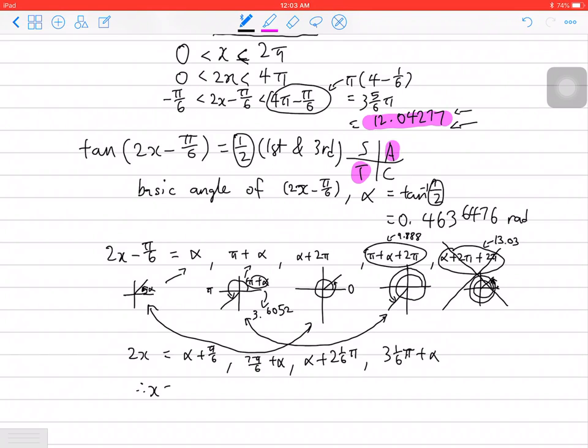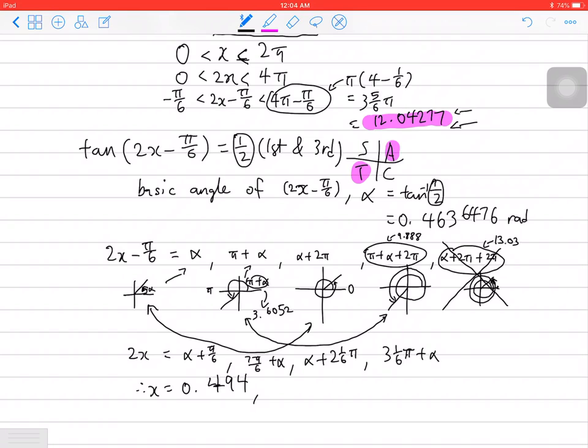So now we are finding x. Therefore, x, which is our final answer, we have to use the calculator. 0.4636476 plus pi over 6, divided by 2. We have 0.494 radian.